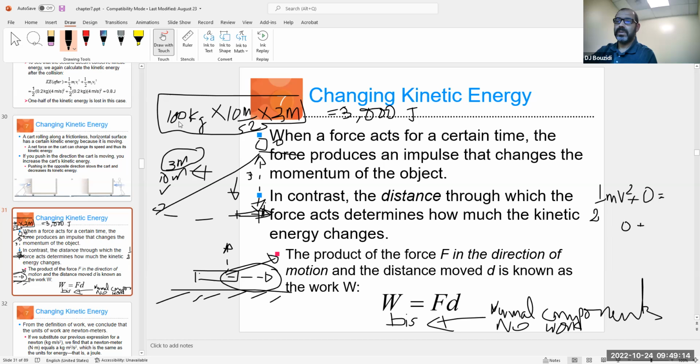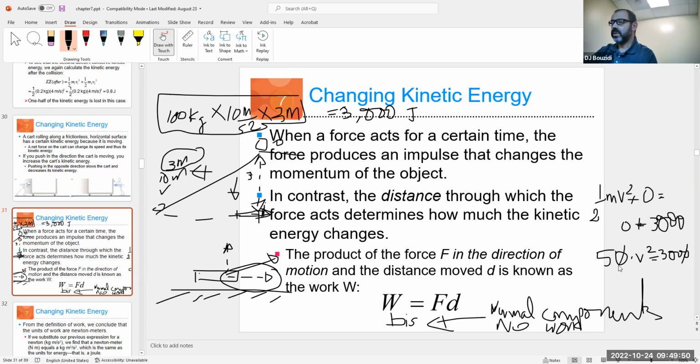And mgh in my case: the mass is 100, g is 10 meters per second squared, and the height is 3 meters. So if I multiply by 3, it's going to be 3,000. It's the same thing that I did earlier. So how much velocity is it going to gain? One half times m, that's 100 times one half, that's 50, times velocity squared, plus 0, is equal to 0 plus 3,000.